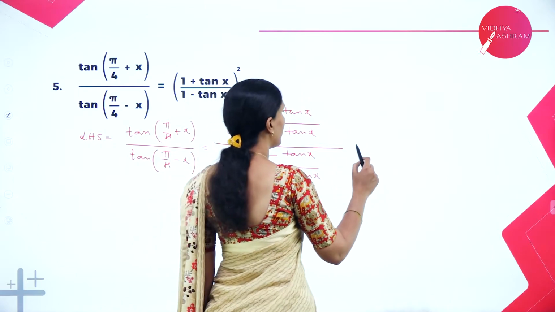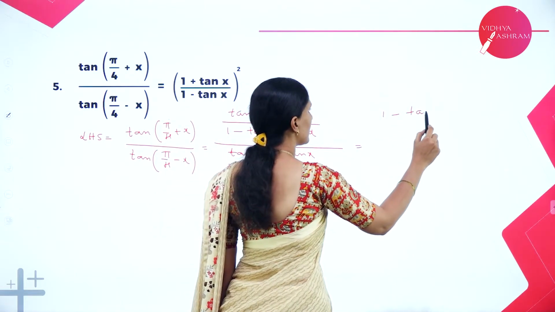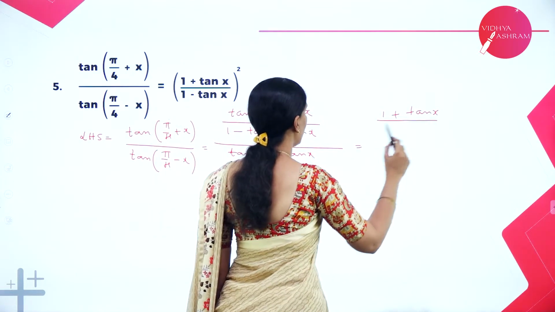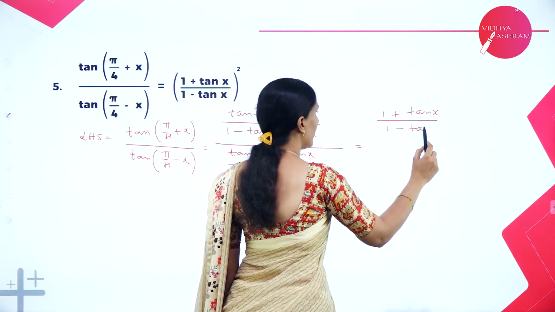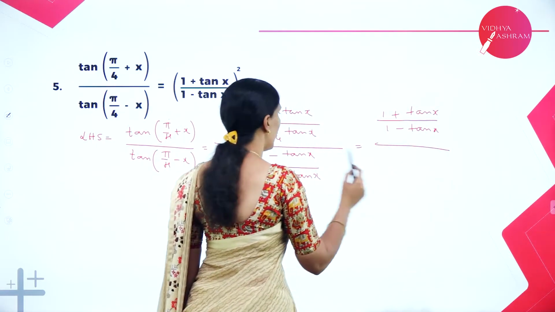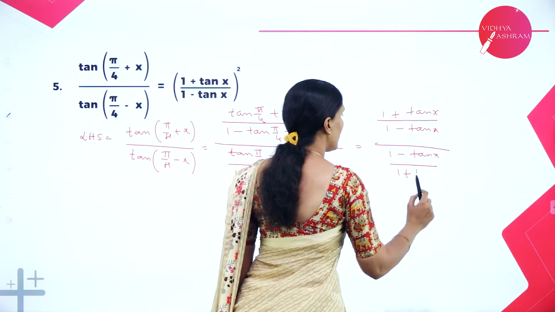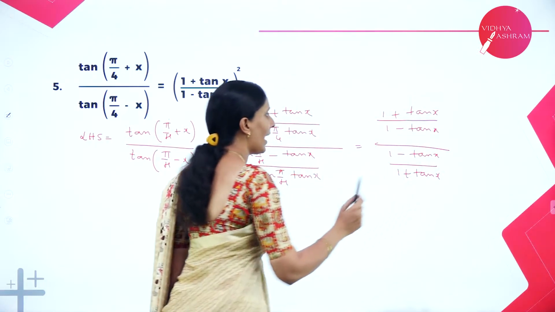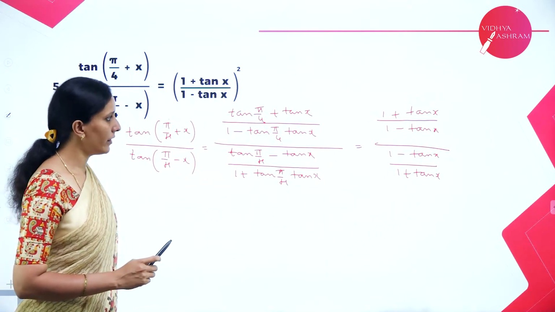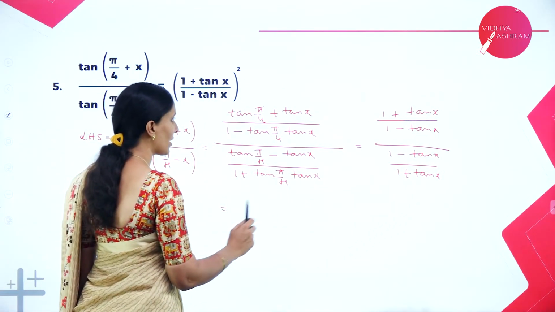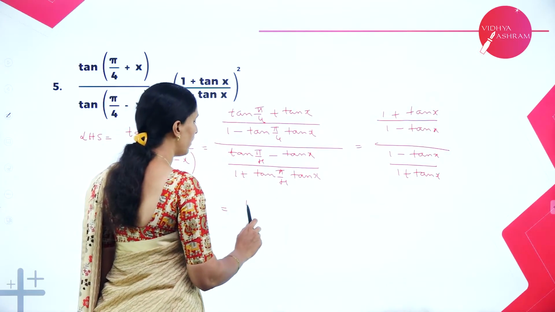So then you will get here 1 minus tan x, 1 plus tan x divided by 1 minus tan x. And here you will get 1 minus tan x divided by 1 plus tan x. So we have two fractions in the numerator and denominator. The denominator fraction can be taken in the form of a reciprocal.